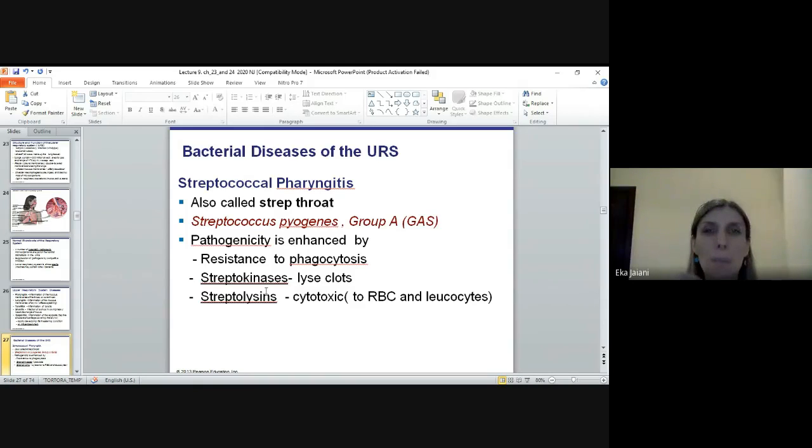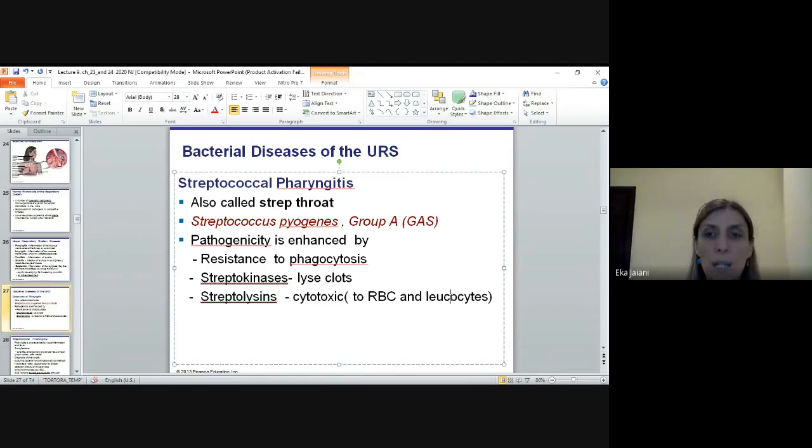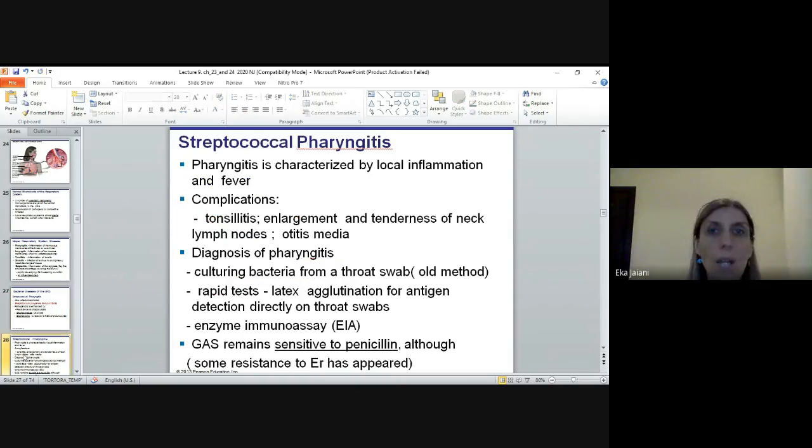Blood clots trap the bacteria, and the bacteria can lyse these blood clots and move further. Streptolysin lyses red blood cells and leukocytes. And streptococcal pharyngitis is the most common bacterial manifestation of respiratory tract infections.